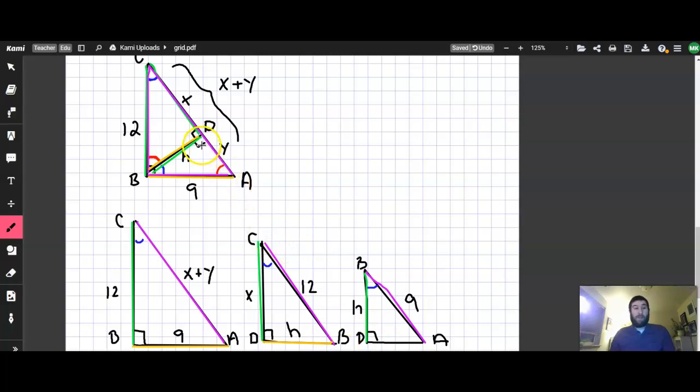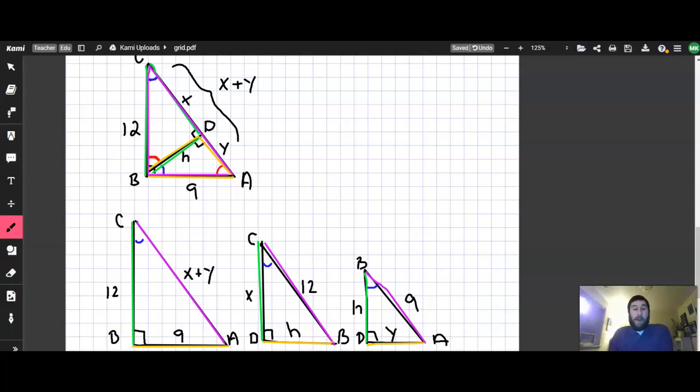There's the red, there's the 90. From D to B, from D to A in the smallest triangle. There's that with the Y. And so in the smallest triangle, we know that length is Y.